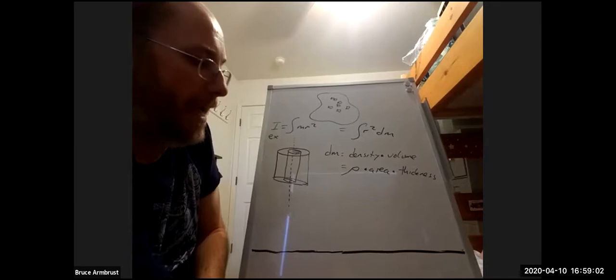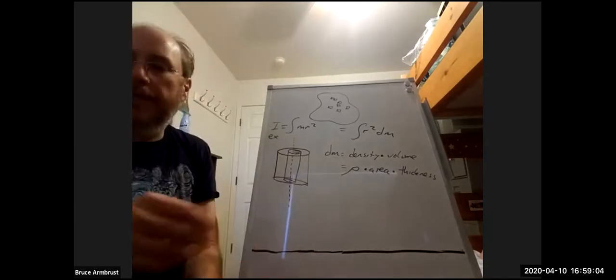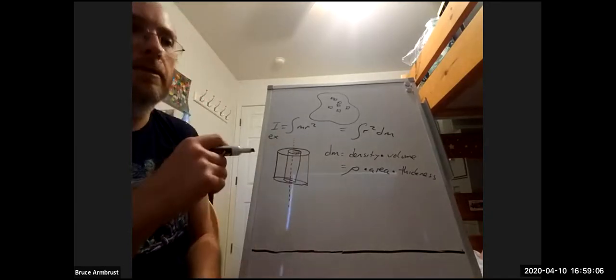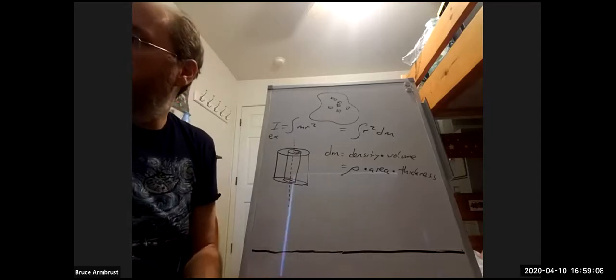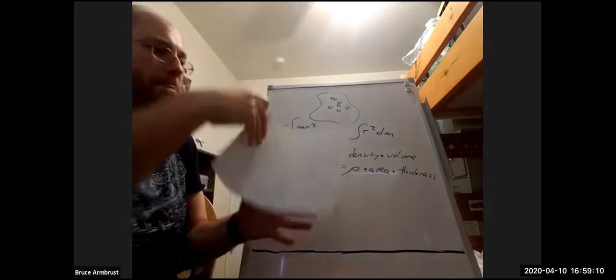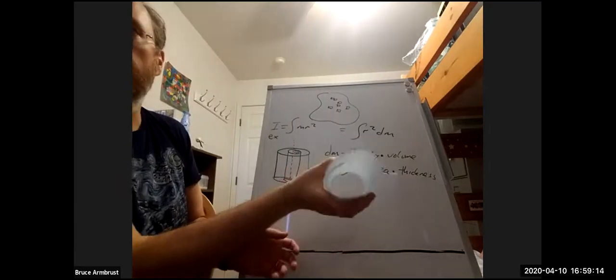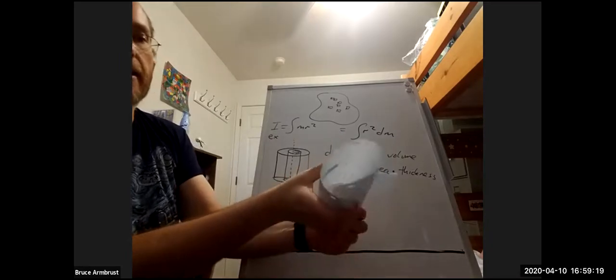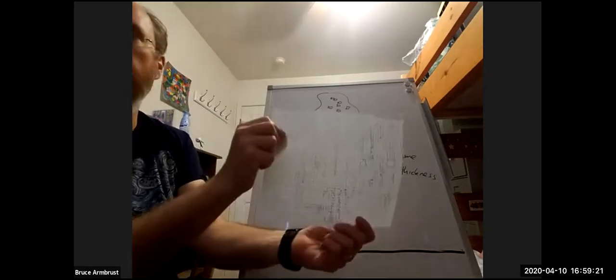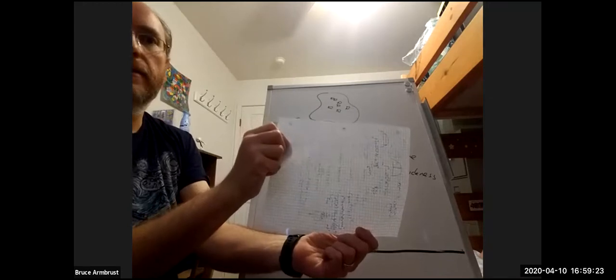Well, the area of that is going to be a rectangle. Let me show you with a piece of paper. So I've got a piece of paper. If I just roll it up, here's your cylindrical shell. I cut it and I unroll it. It's a rectangle.